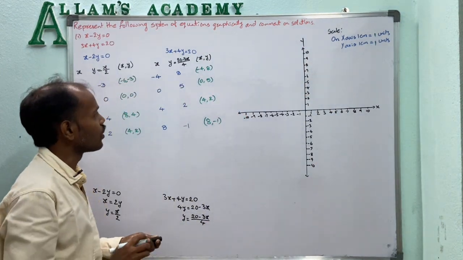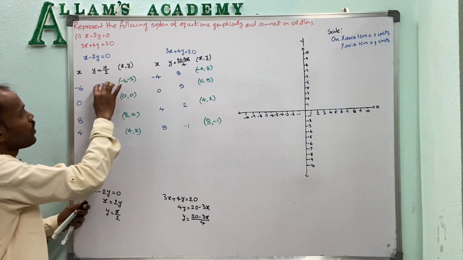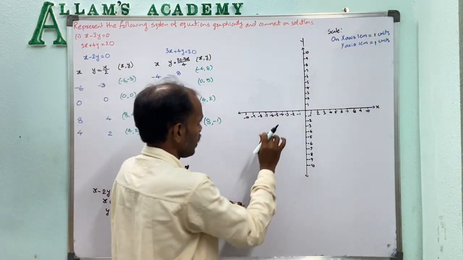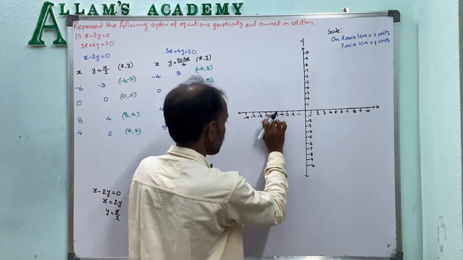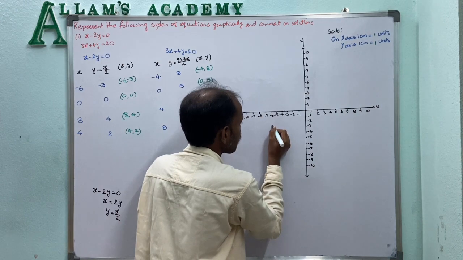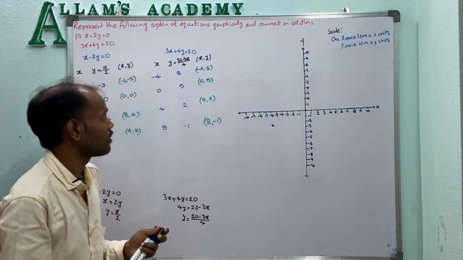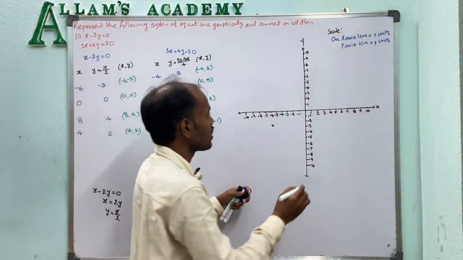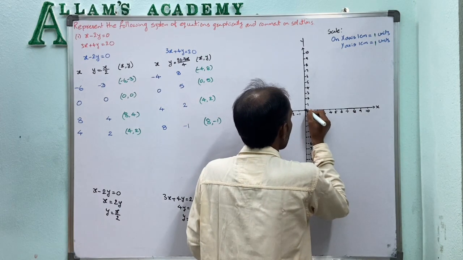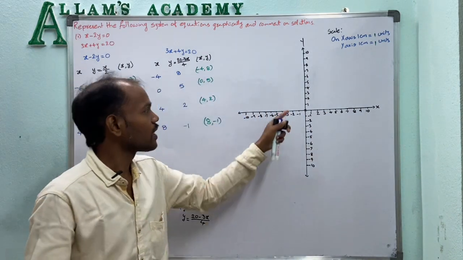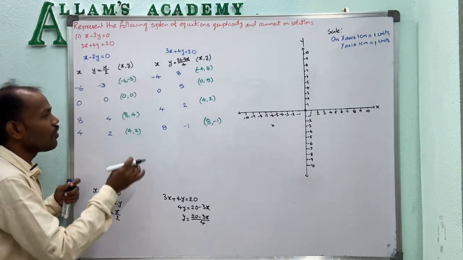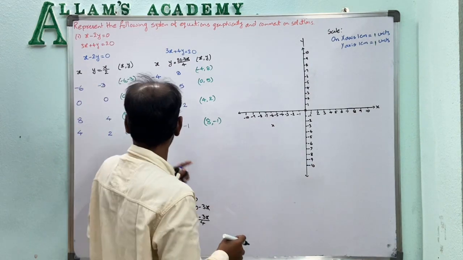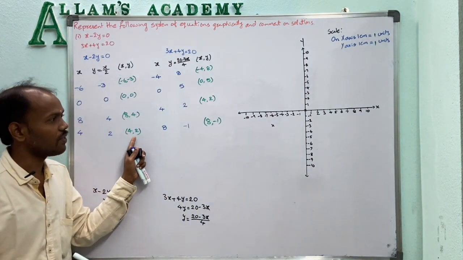Now we locate the points. First this one: minus 6 to minus 3, so x-axis minus 6, y-axis minus 3. Next, if x is 0, then y is also 0, so the coordinates 0, 0 are nothing but the origin. Next, if x coordinate is 4, then y coordinate is 2.